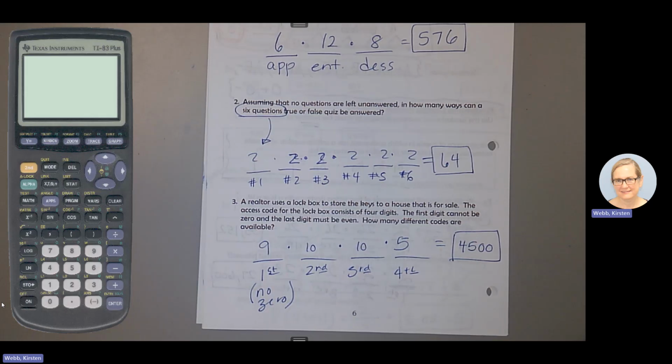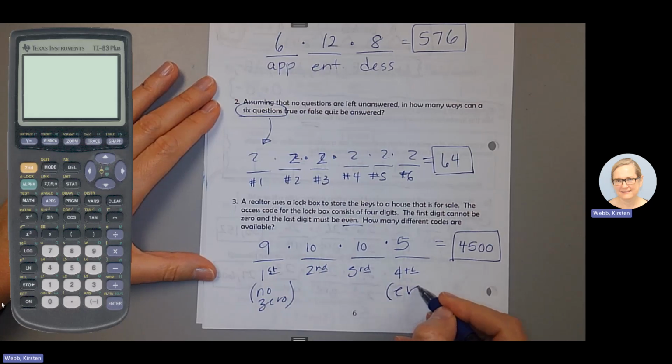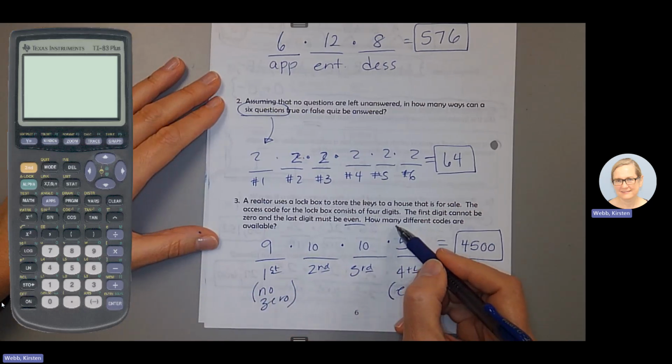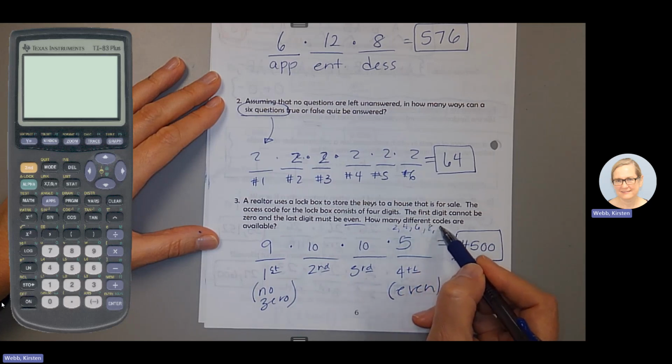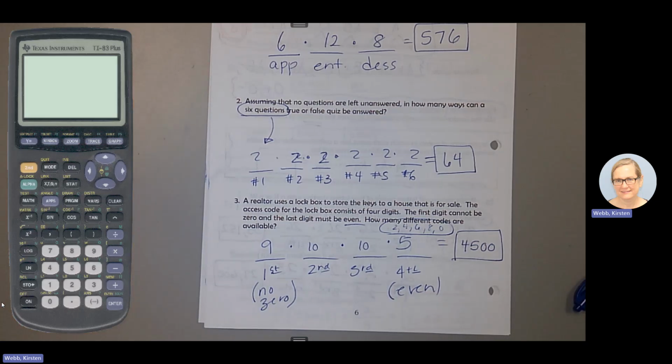Any other restrictions on other digits? Last one must be even. Yeah. So we think about a number being even. What does that mean? It means it could end in a 2 or a 4, a 6, an 8, or a 0, right? That's what even numbers end in. So that makes 5 choices for that one.